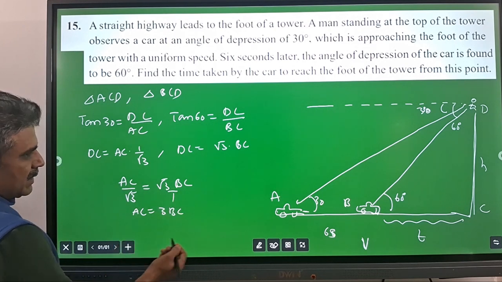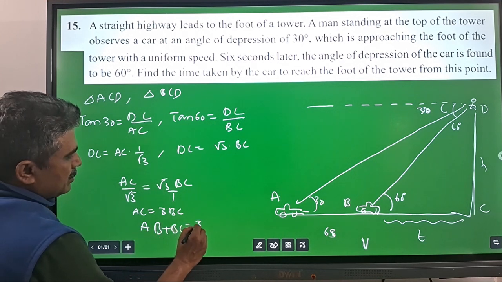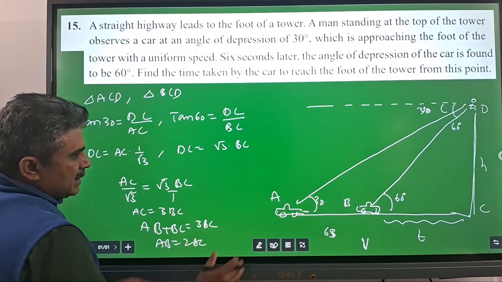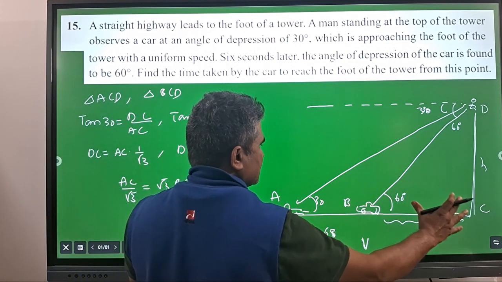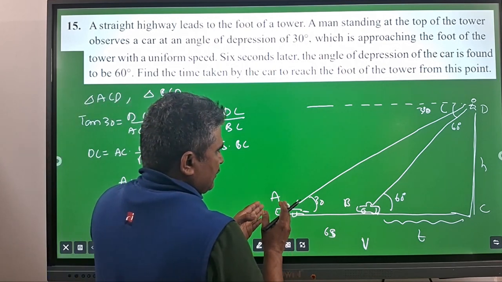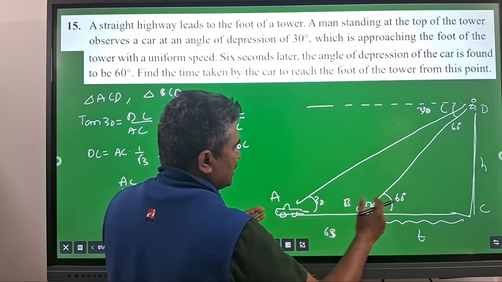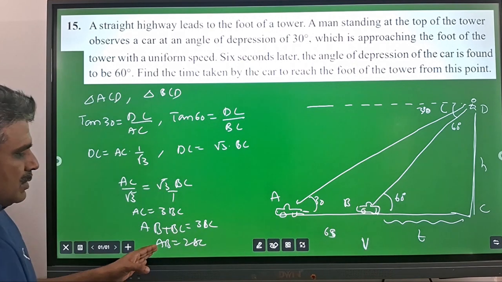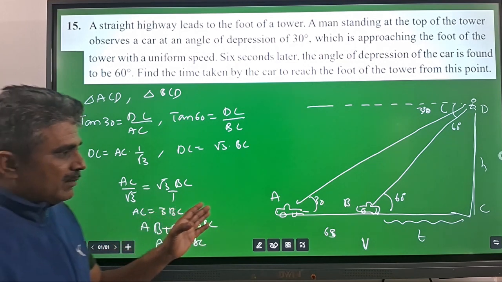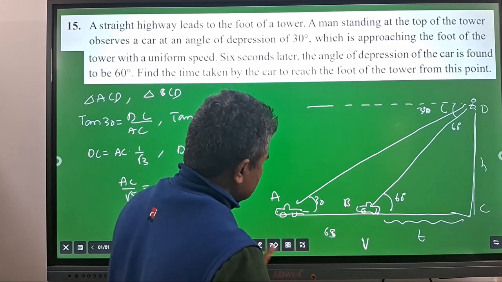From this I can say AB plus BC is equal to 3 BC, so AB is equal to 2 BC. That means the AB distance is double BC. When the car is moving with uniform velocity, traveling from A to B takes 6 seconds, then traveling from B to C will take 3 seconds, because AB is double BC.